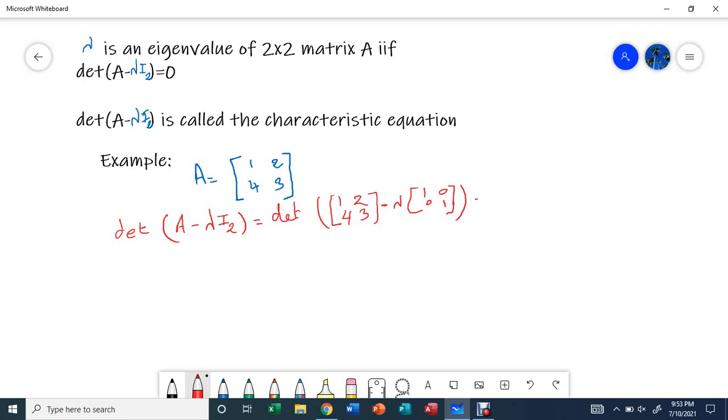So 1, 2, 4, 3, nothing changed here, minus, multiplying by the scalar, lambda on the diagonals, 0 and lambda here.